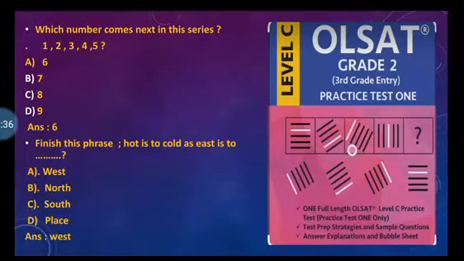Which number comes next in the series? 1, 2, 3, 4, 5. Then the next number is 6. They are counting numbers. Another one is finish this phrase. Hot is to cold as easy is to. Here, it is an opposite. So the answer is the first.